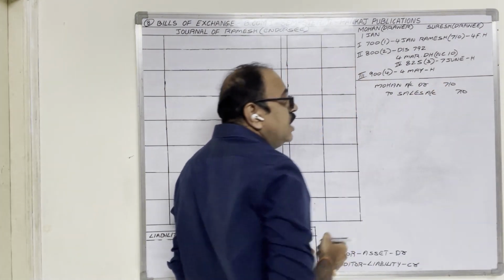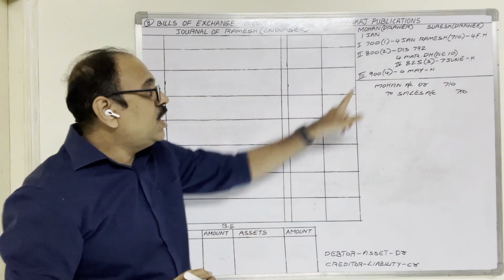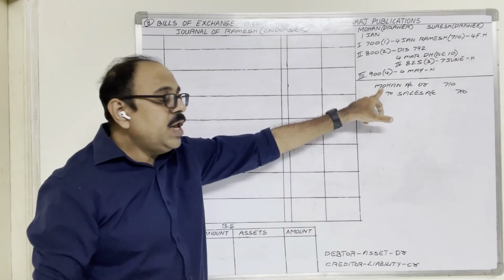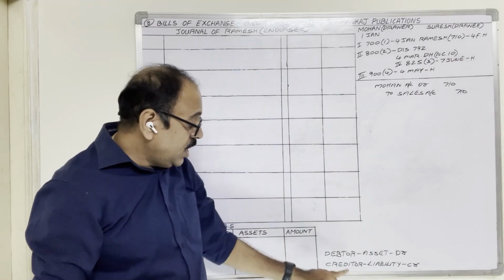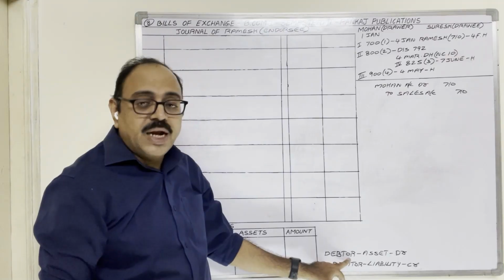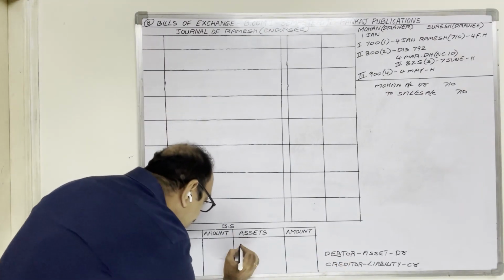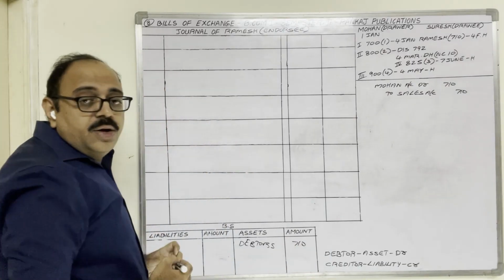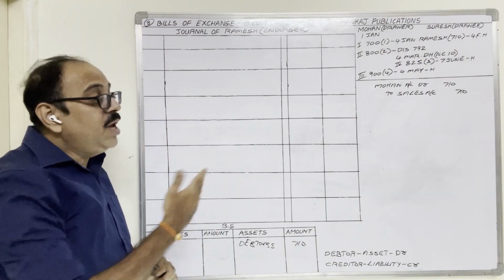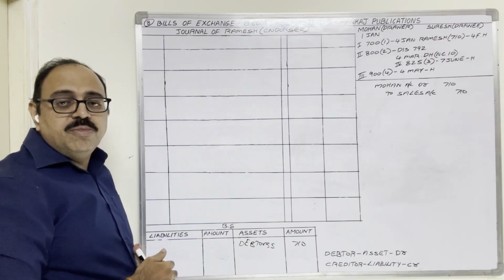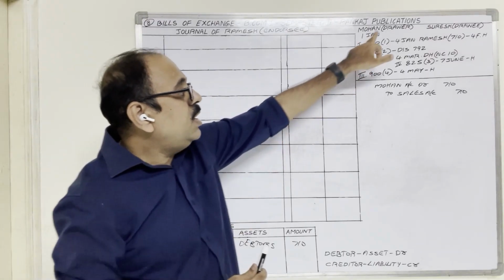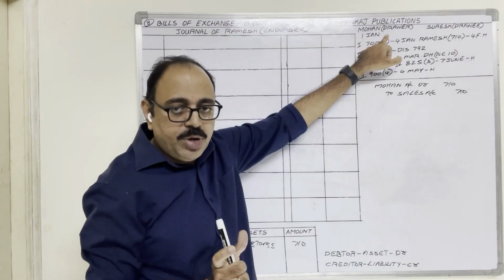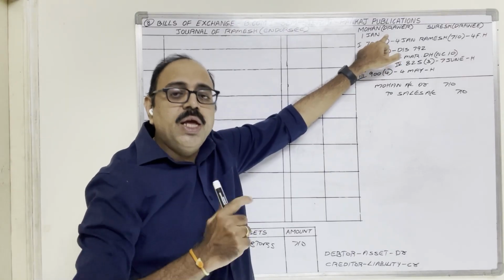What is the effect of this entry on balance sheet of Ramesh? So Mohan account is debited. A personal account is debited, means he is a debtor. Asset side, debtor, 710 rupees appearing. Now, as a full settlement, a bill is coming, 700 worth bill. See, for drawer, a bill is always bills receivable because he will receive money in future.